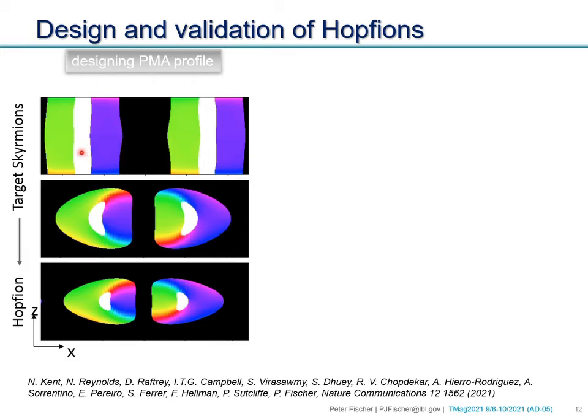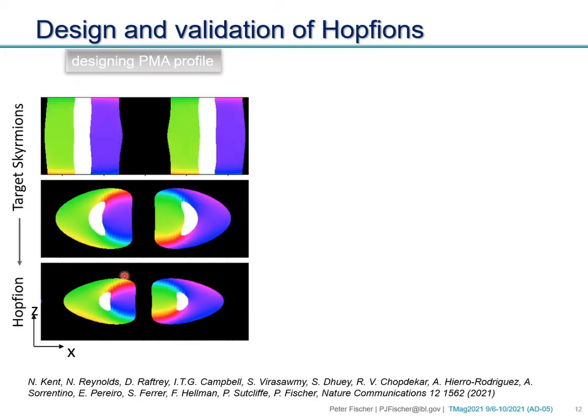For the target skyrmions, you see again a more or less uniform spin texture across the thickness. Whereas if you vary the PMA profile, shown down here in the center and the bottom, you're able to really push the spin texture into a Hopfion structure.